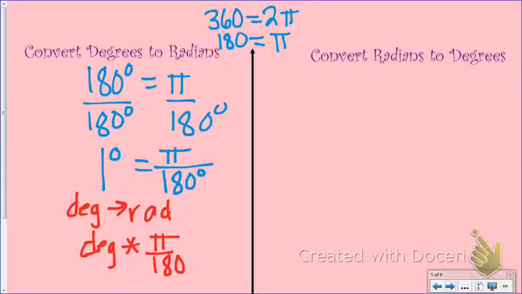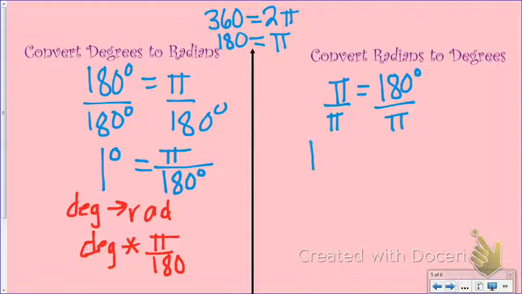All right, same idea in the opposite direction if I want to convert from radians to degrees. So let's say, again, I know that pi radians is equivalent to 180 degrees. I need to figure out how much 1 radian is worth in degrees. In order to figure that out, I would get 1 radian by itself, so I would divide both sides by pi, and I would get that 1 radian is equivalent to 180 divided by pi degrees.